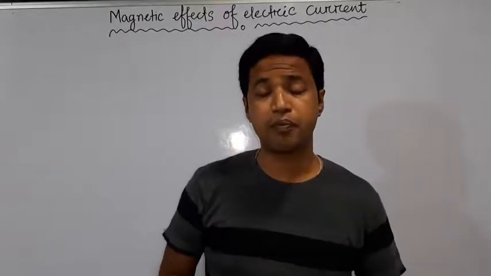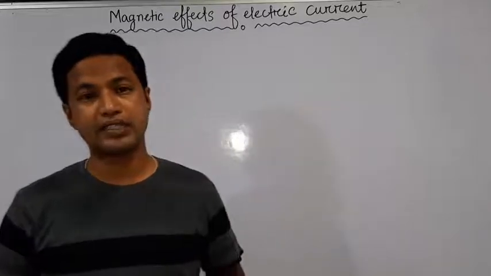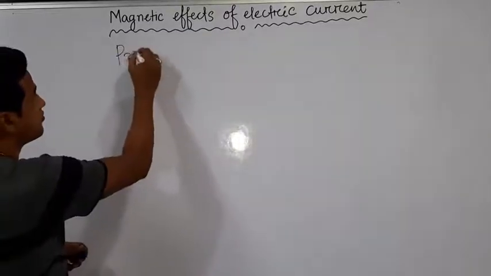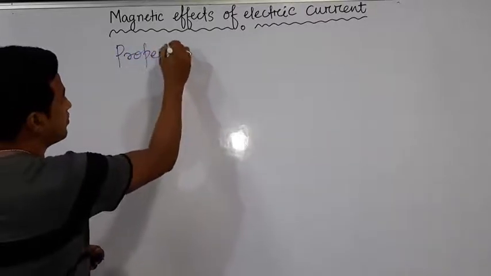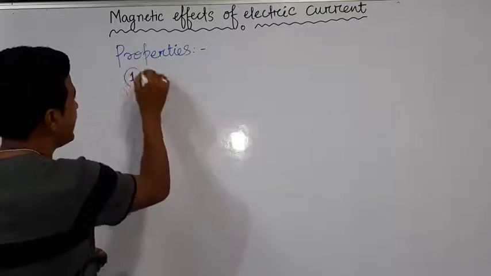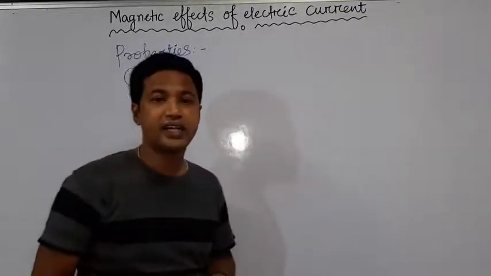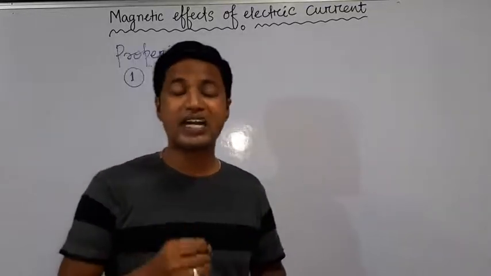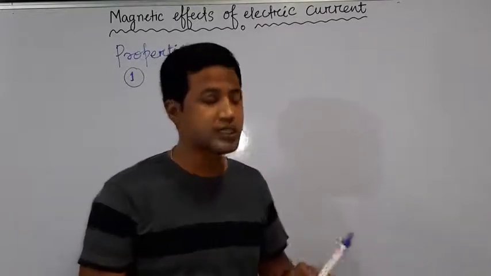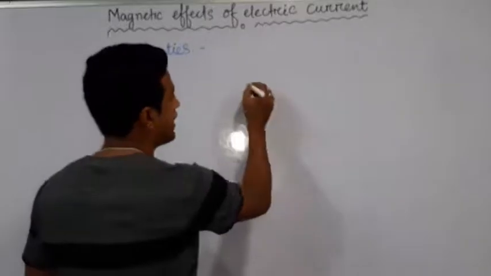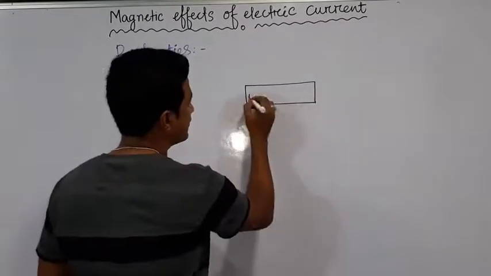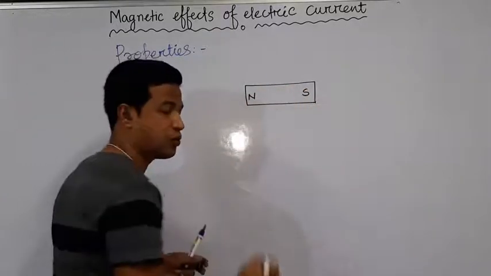The first property is that the magnetic field lines start from the North Pole and end in the South Pole. Suppose I take a bar magnet and place it like this, this is the North Pole and this is the South Pole.